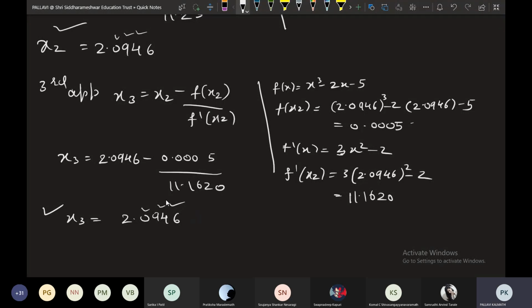Since you are getting both the answers correct as 2.0946, you can just approximate this 46 as 2.095. The last two digits I have rounded to 5. Therefore, this is the required real root. If you keep it like this also, it is fine.